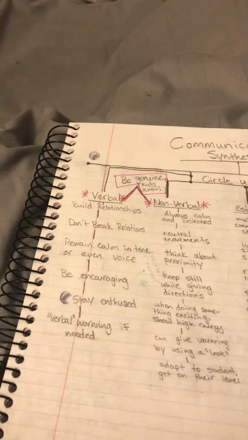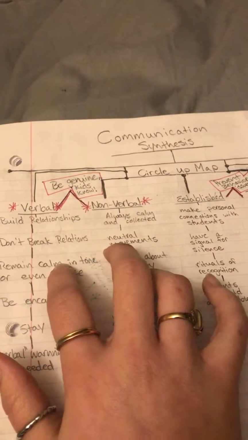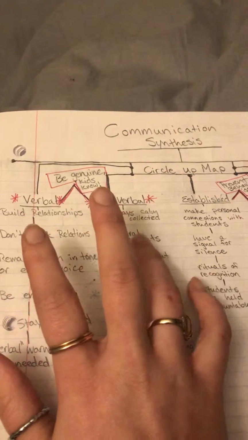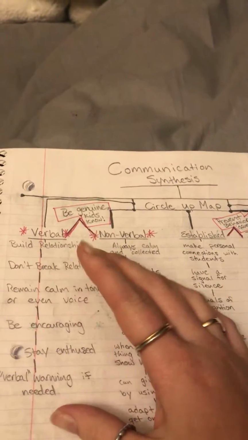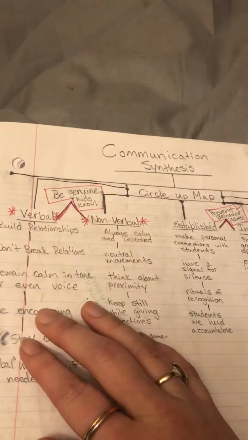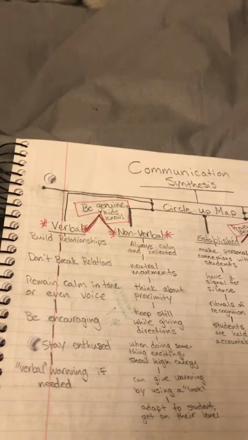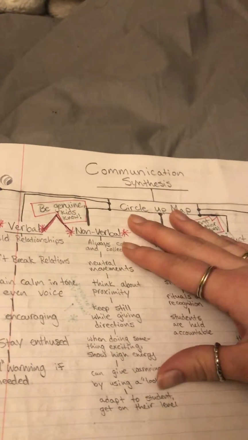You're talking verbally with your mouth and with your movements. But in our Circle Up, there were a lot of separate things that were directly suggestions or good or bad things that you should do with your voice, and then there were suggestions that you should do nonverbally.